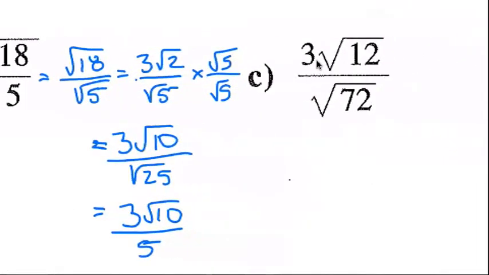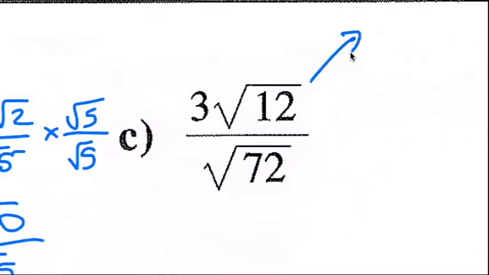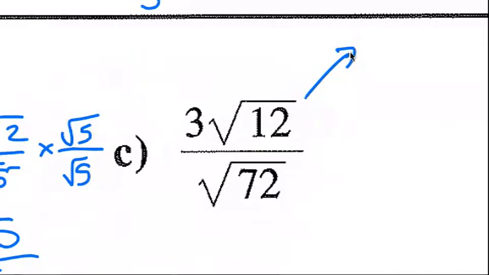Question C brings us to a question in which maybe we should reduce or simplify our radicals before we do any of our work. So if we simplify square root 12, which is 2 times 3 times 2, 2 times 2 times 3, that's 2 root 3. So root 12 is 2 root 3, and this is going to be 3 times 2 square root 3.